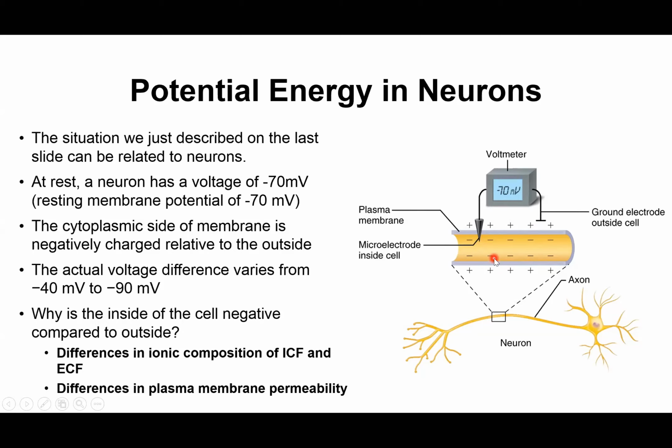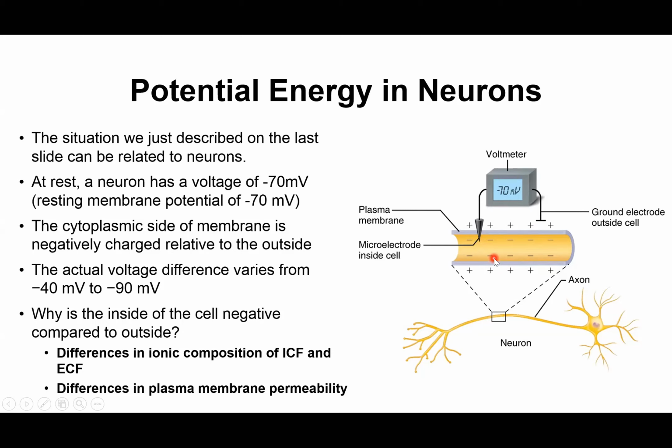So the other reason is because of these differences in membrane permeability. Let's talk about this, and we're going to go through this little scenario over here in this panel, and we're going to build our resting membrane potential step by step. Let's pretend for all intents and purposes that a cell only has potassium channels.